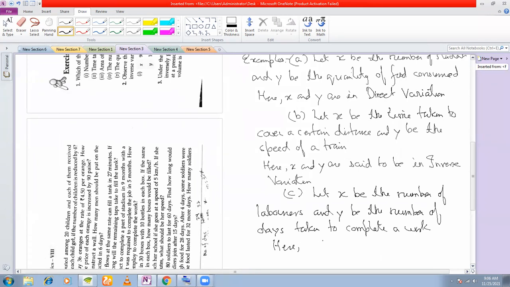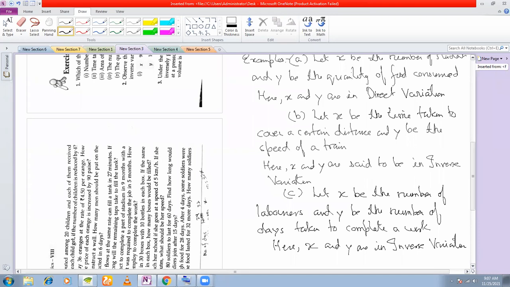Inverse variation, because as you increase the number of laborers, the number of days taken to complete a certain task or work will obviously get reduced. So if you increase x, y will decrease. So here x and y are in inverse variation.